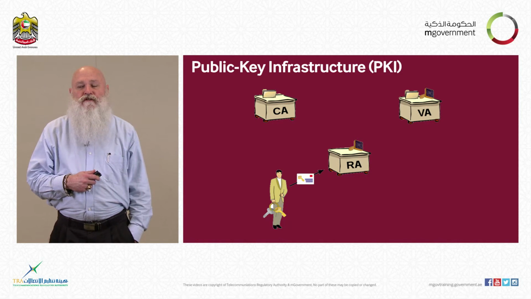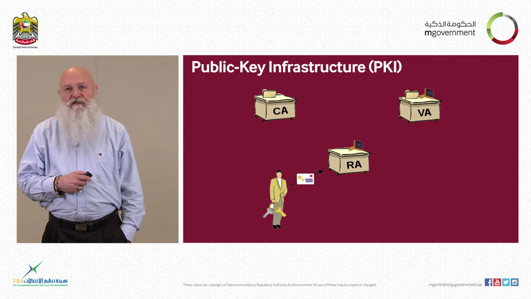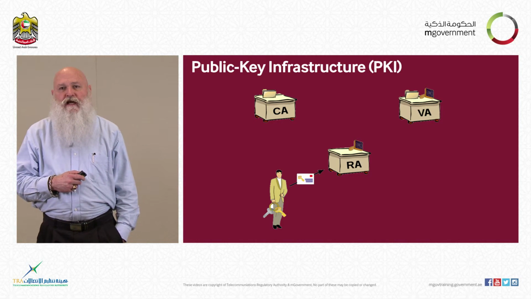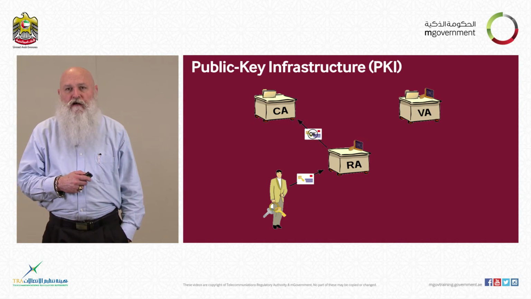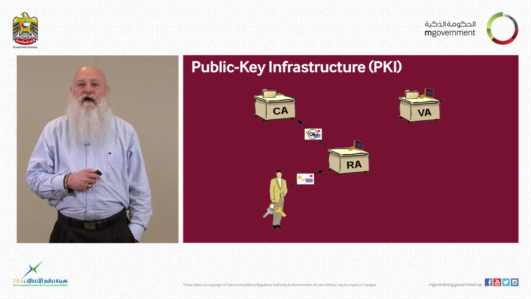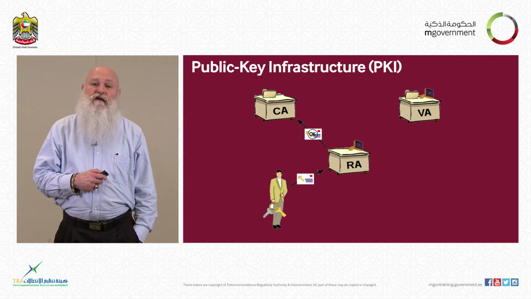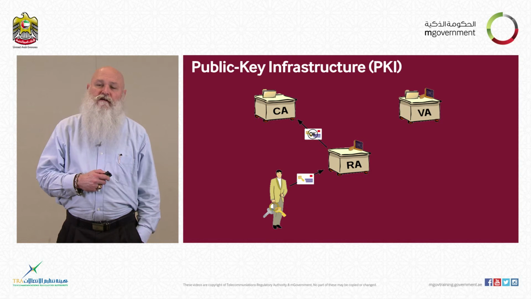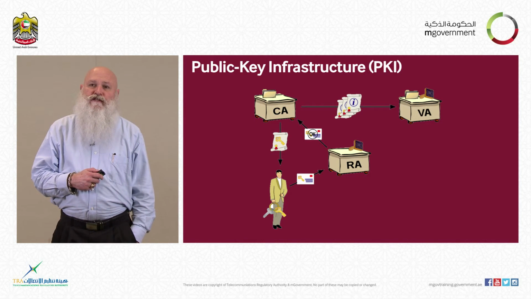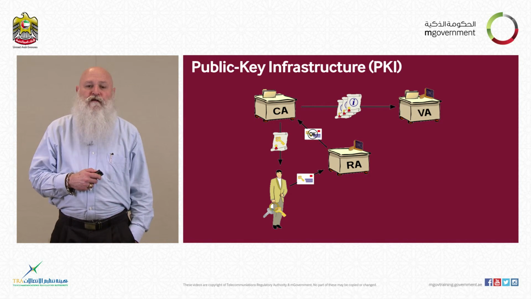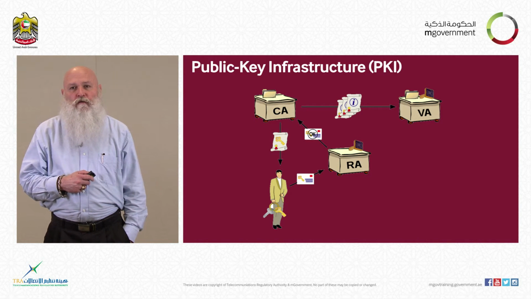The registration authority performs their investigation, validates the identity, and when they're satisfied, they transmit that message to the certificate authority, who signs it with the certificate authority's private key.